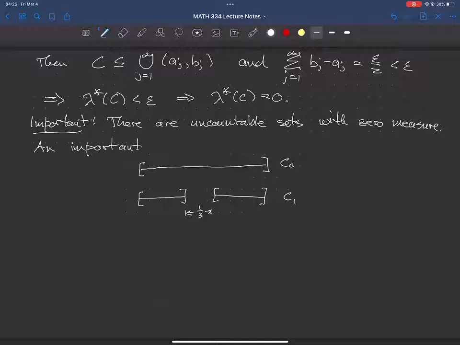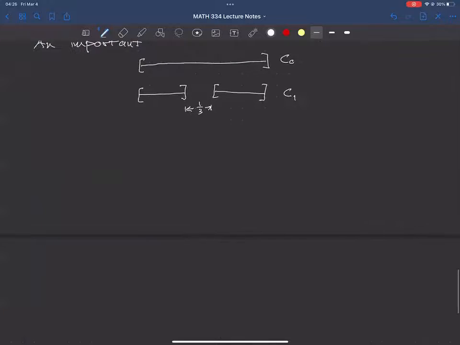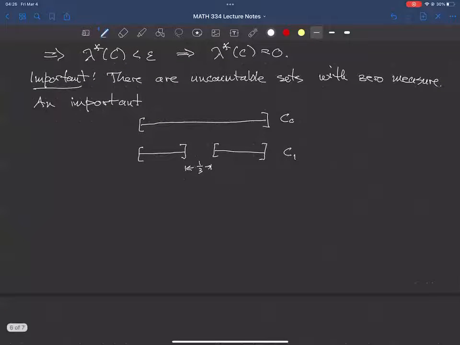You could do this in a variety of different ways, removing different proportions, but this is a common construction, and this one ends up with what we want. Other rules for removing stuff at each step will not give you what we want here.